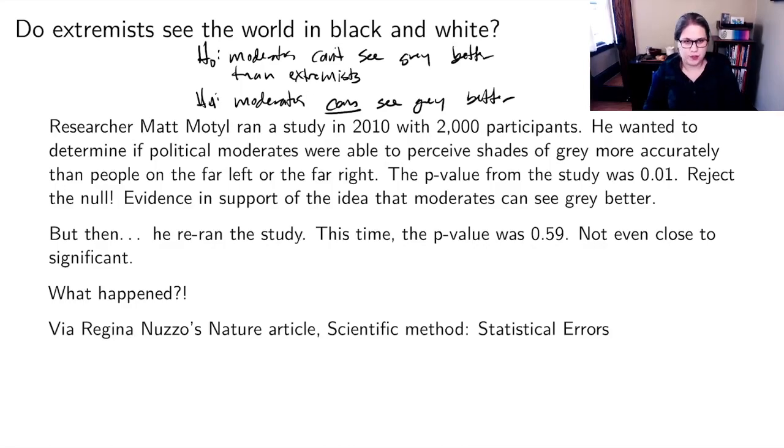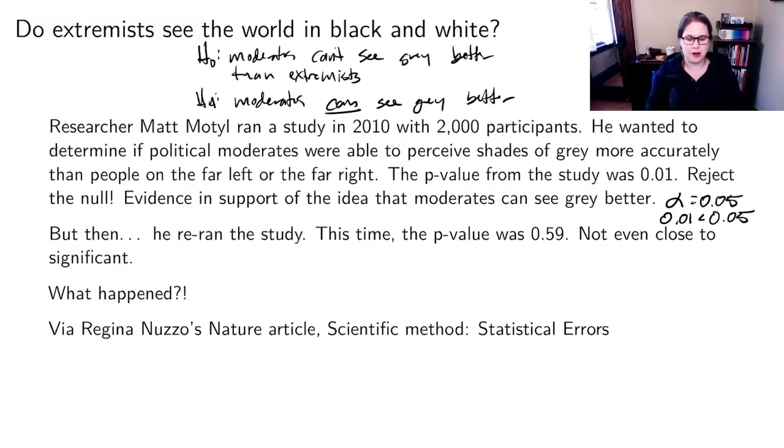And he was able to do this study. He found a p-value, and his p-value was 0.01. And so if we had an alpha level of 0.05, 0.01 is less than 0.05, he was able to reject the null, and he had evidence in support of the idea that moderates could see gray better.